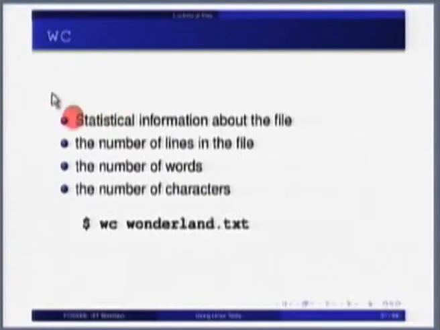Okay, what about word count? Often in a file we want to know how many times some particular word occurs. So word count, WC, is the command for statistical information about the file. It will give you three things: number of lines in the file, number of words in the file, and number of characters. Number of characters is extremely important, especially now that there are so many websites from which you can send SMS where there is a word count.